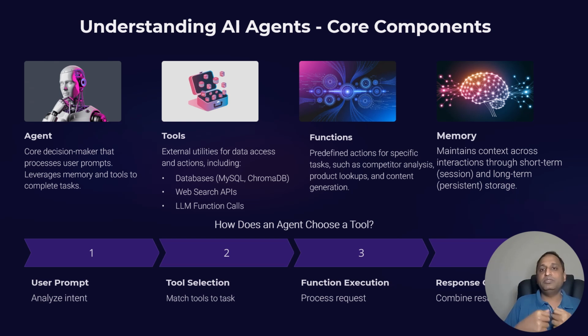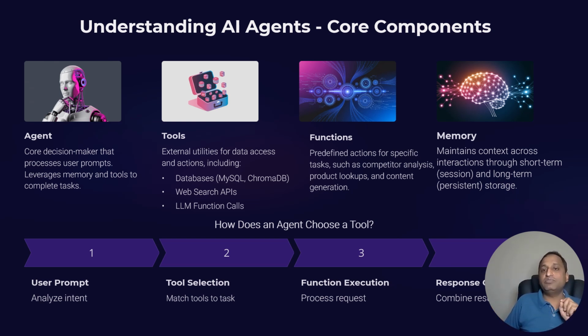For example, if the user asks, compare my campaign with the competitor's campaign, it knows it has to use a database tool to get the campaign information from the local database, and then invoke a web API to query the web for the competitors' campaign information, then merge both of them and provide the insights to the user.